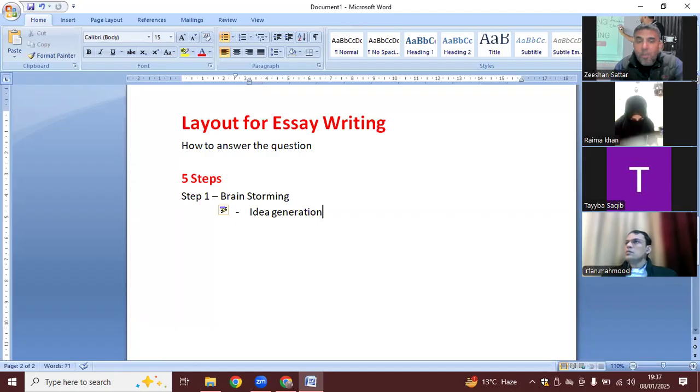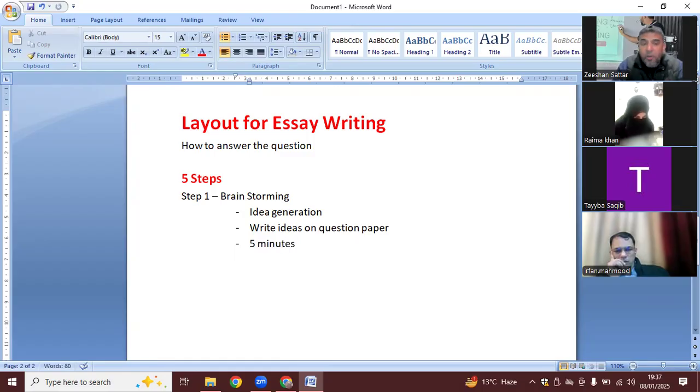So step number 1 is brainstorming, in which we do what? We generate ideas, and we write ideas on the question paper, not on the answer sheet, on the question paper. And once we write the ideas on the question paper, do remember, do not spend more than 5 minutes on this first step.